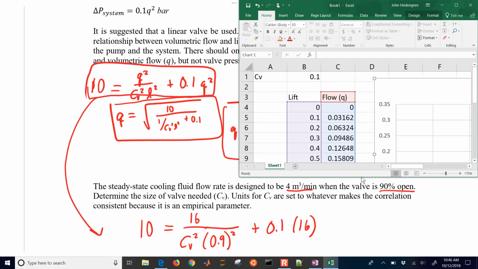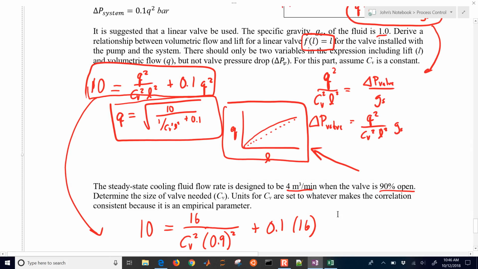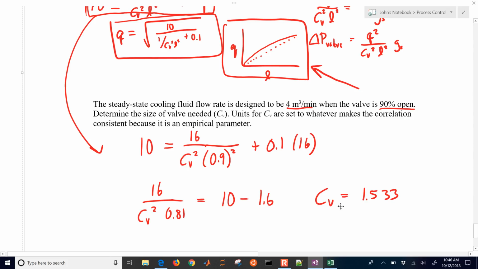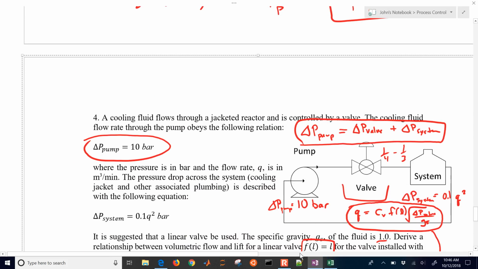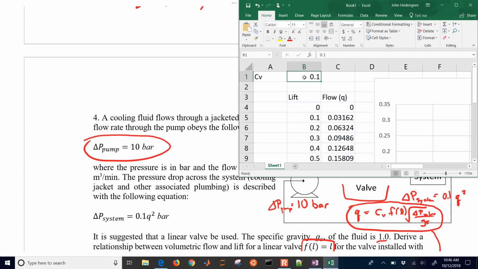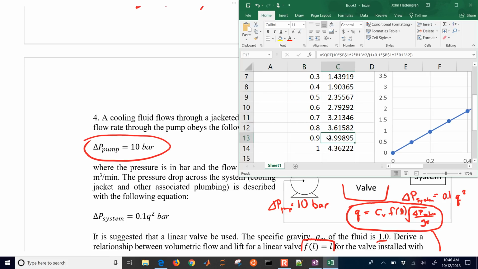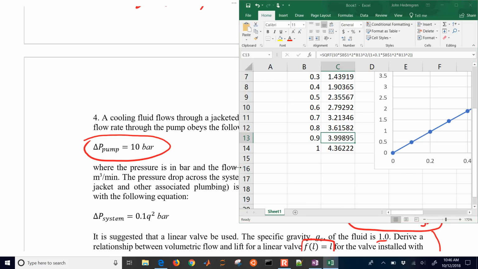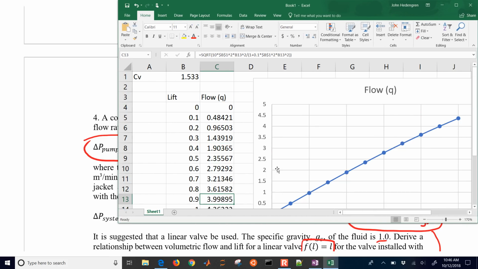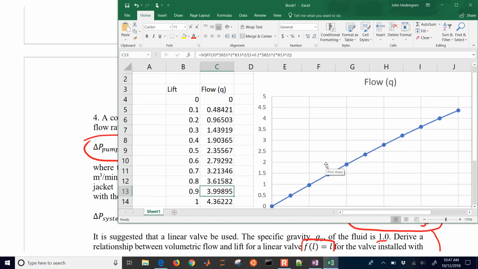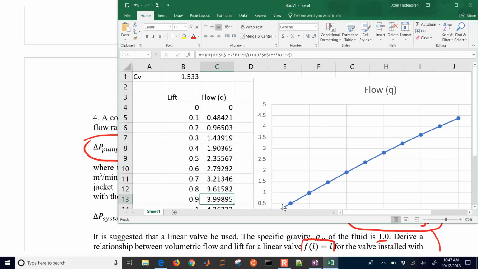It says when it's 90% open, it needs to be 4 meters cubed per minute. So let's use this 1.533 and just check that at 90% it's going to be flowing at the right amount. Okay, so there you can see there is 4 right there, and let's just look at the profile to see if it's fairly linear for flow versus the lift, and it looks to be fairly linear, a little bit of curvature up there.